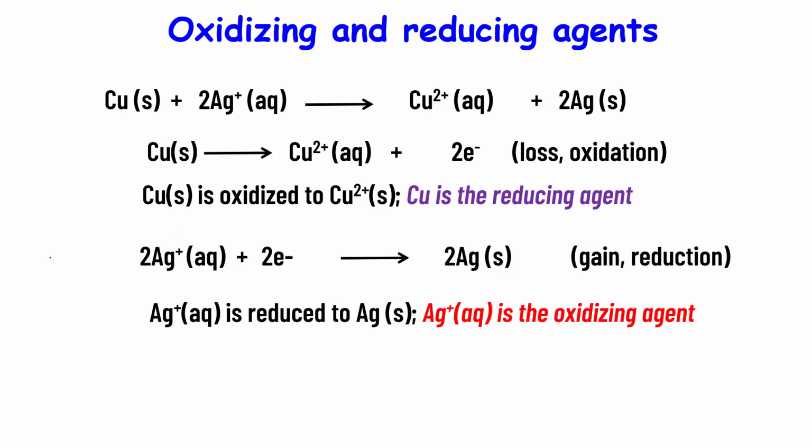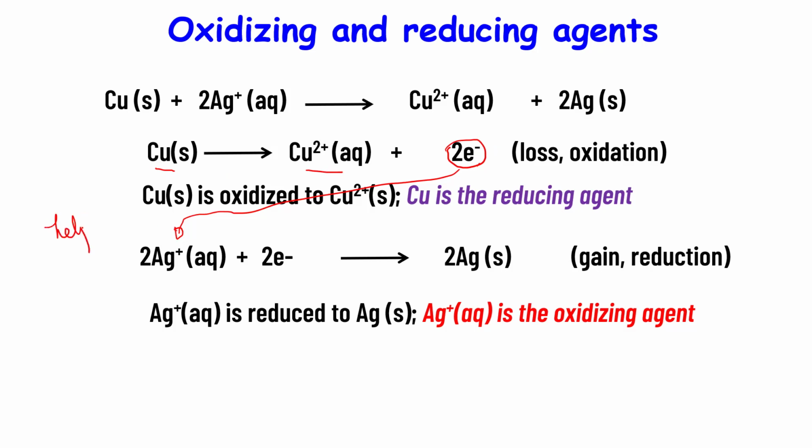And we learned in the copper half reaction that copper solid changes into copper 2 plus and it loses the 2 electrons. Now the question is, when the copper loses the 2 electrons, where do the 2 electrons go? These 2 electrons are going to be accepted by the 2 silver ions which are located over here. So this copper, which is undergoing oxidation, is actually giving the electrons to help the reduction.